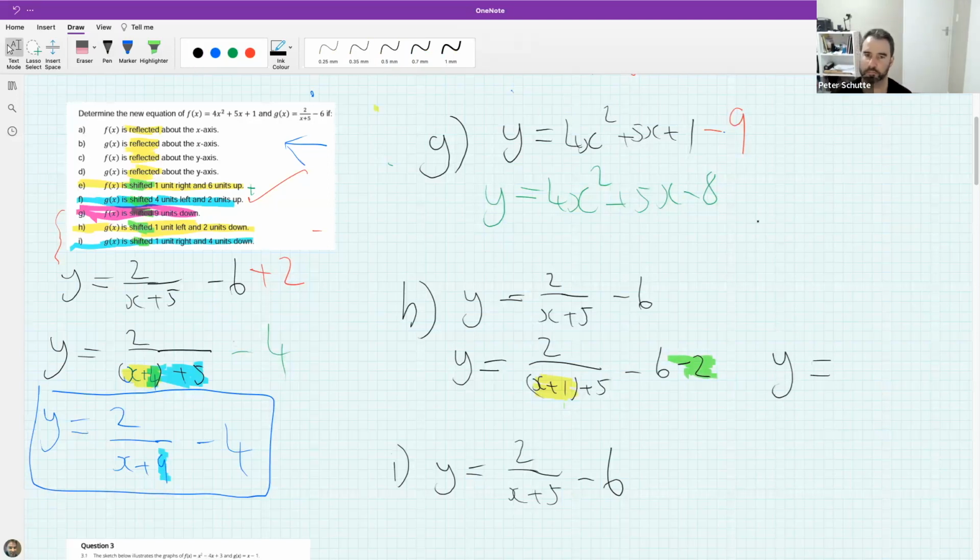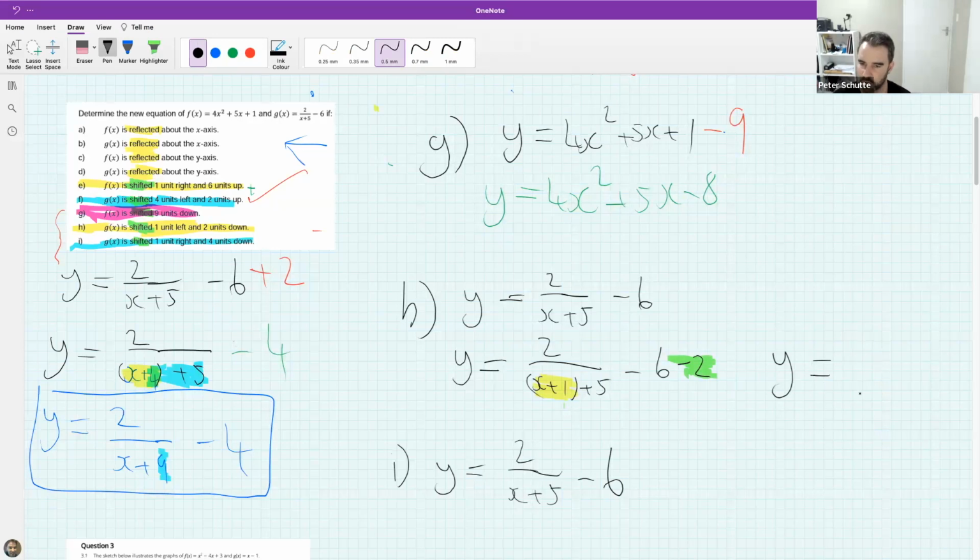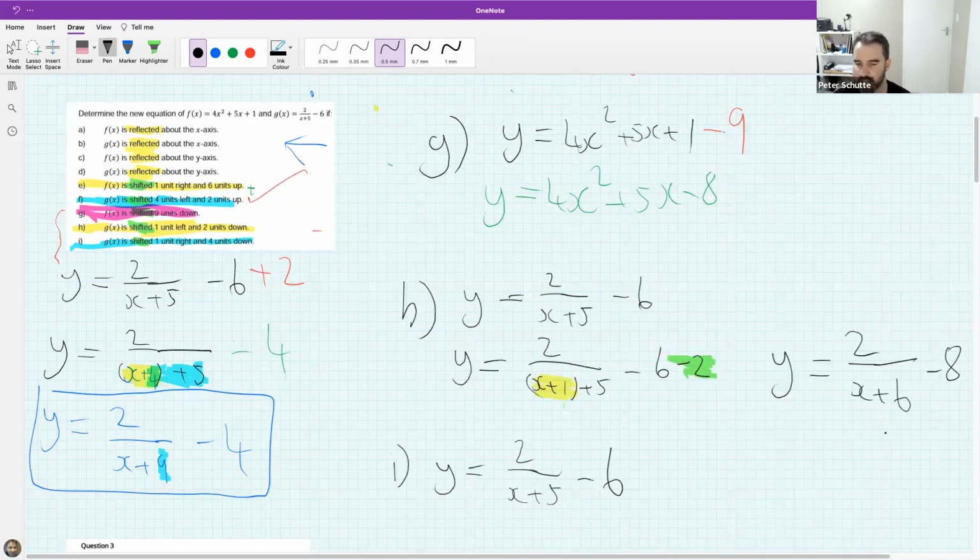What's it going to be? So it's going to be 2 over x plus 6 minus 8.